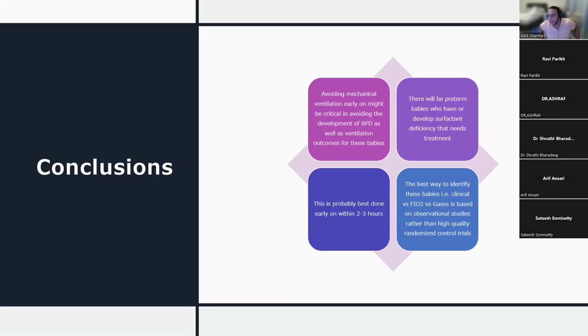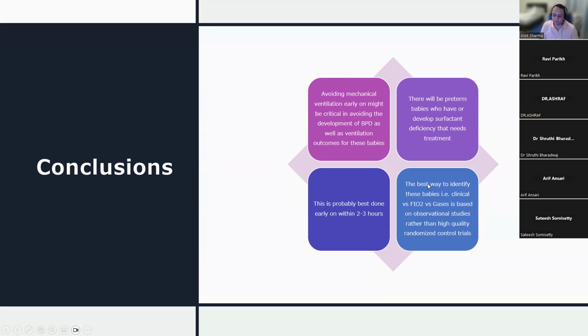Now, these early studies were very important in establishing CPAP as the first line, but a lot of them were then extrapolated to try and identify babies who would need intubation and surfactant. And the best way espoused through these observational and randomized controlled studies was the use of FiO2.